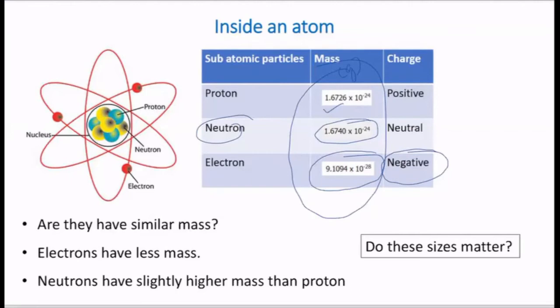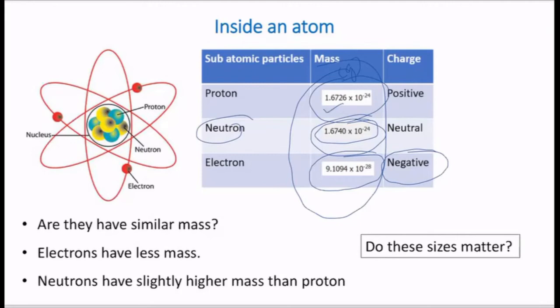Do these sizes matter? Yes. When you enter into your first chapter in your +1, you will understand these masses have their own significance. So at that time, when you are sitting in your +1 class, you should know at least which subatomic particle has the highest mass, and in which range that mass lies.